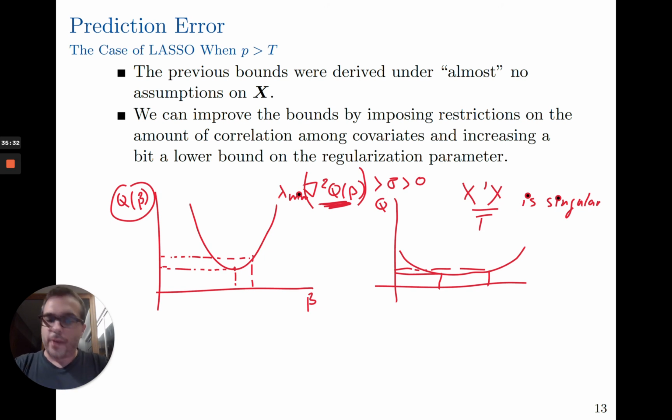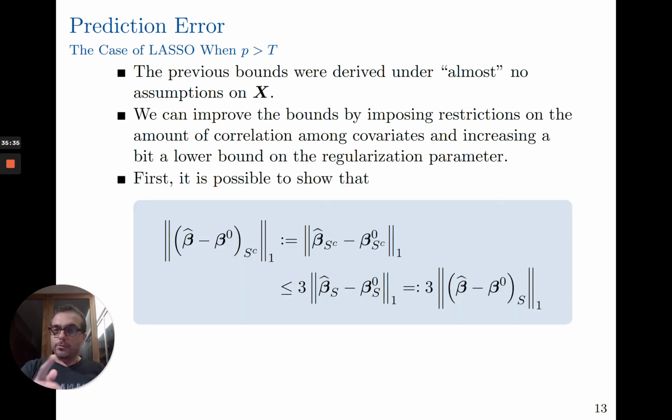But which are these directions? Well, a good result is that if we have sparsity, sparsity induces a kind of conic region. That's basically the error we make for the parameters that are related to the irrelevant variables. So beta hat S^c minus beta S^c naught is less than or equal to 3 times the L1 norm of the errors we make for the relevant variables.